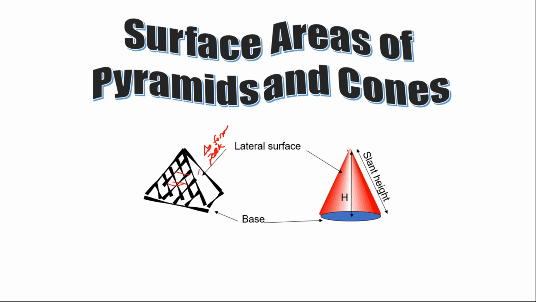On a cone, you have to think of it like a birthday hat. Or party hat, whatever you want to call it. That's the lateral surface. The base is the polygon on a pyramid. Base over here is a circle.